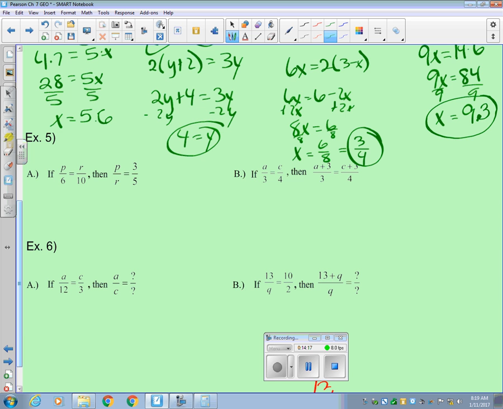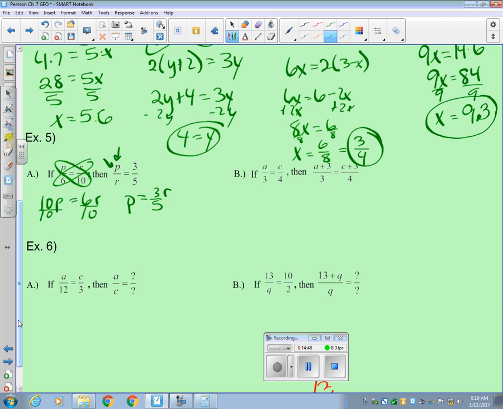I'm going to cross multiply: 10 times P equals 6 times R. I want to get P over R. So the first thing I'm going to do is divide both sides by 10. That'll get P by itself in the numerator. So I get P equals 6/10, which reduces to 3/5.